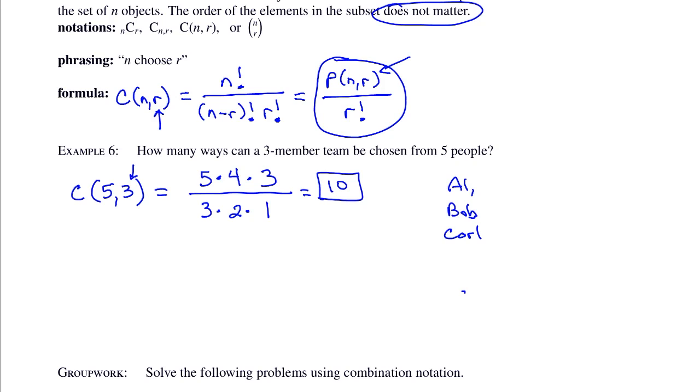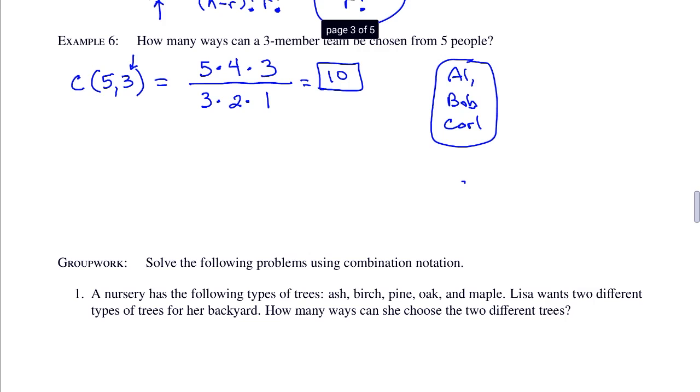That's one grouping, but it's the same grouping as Bob, Al, Carl, or Carl, Bob, Al, or any other order. They're all the same. So we just go with that one grouping, and we divide out the number of ways to rewrite each of those. Questions? Okay, go ahead and do the next 3 group work problems.